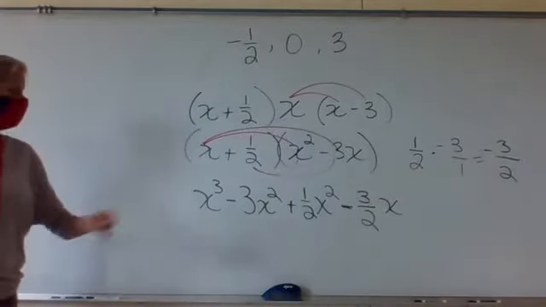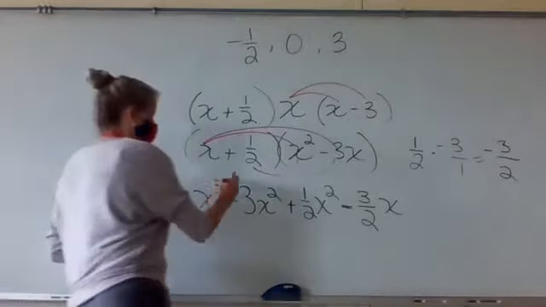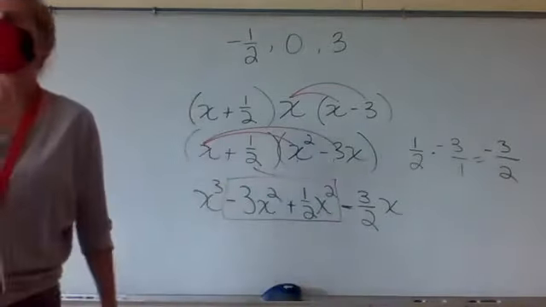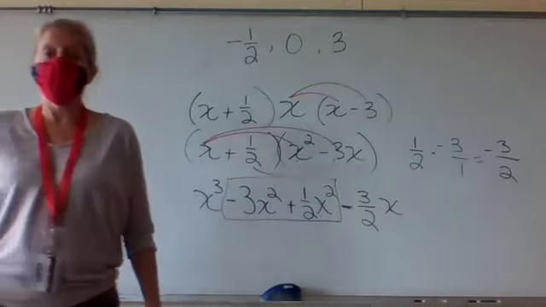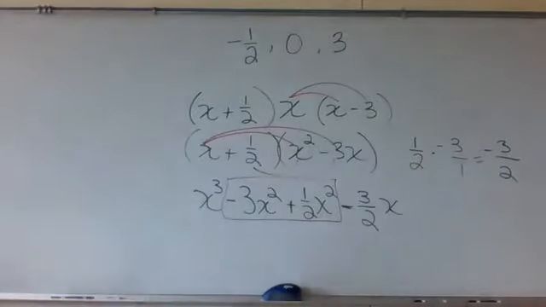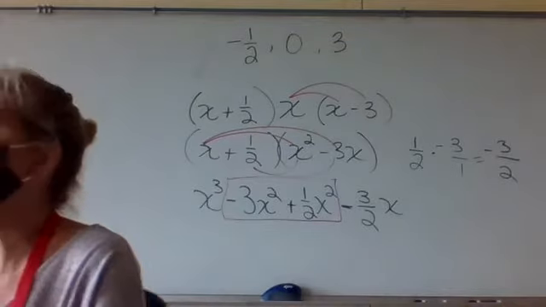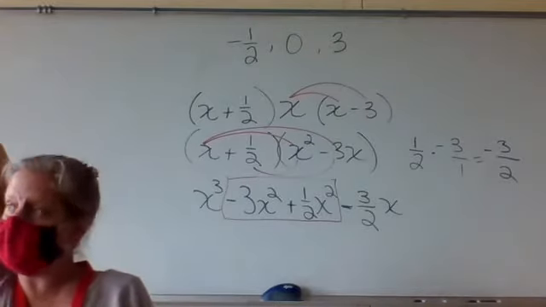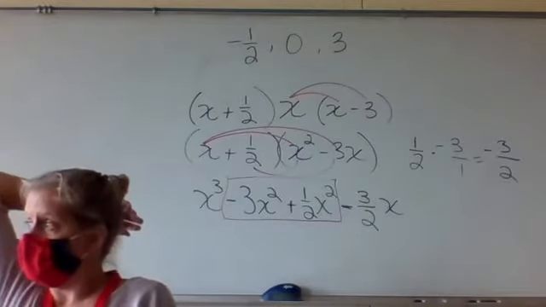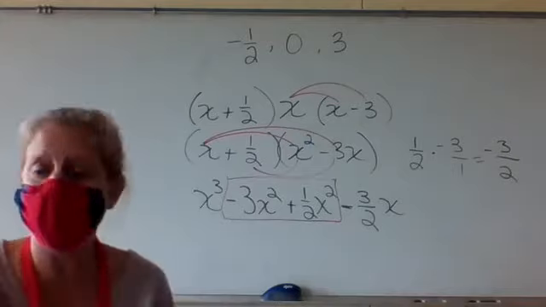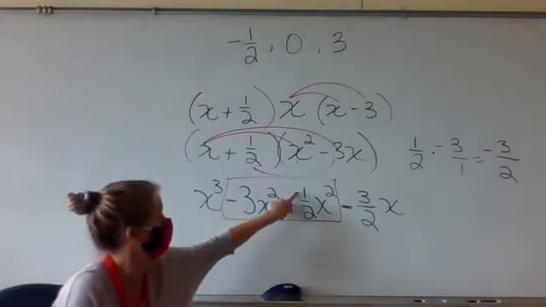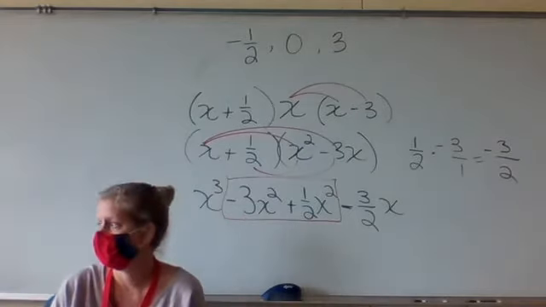So looking at my end result, I do see that I have x squareds in the middle that can combine. Now, I do have to have a common denominator. But here's the thing. Your calculator can add and subtract fractions with unlike denominators pretty quickly. Just tell it exactly what you want to know. I need to know what negative 3 plus 1/2 is.